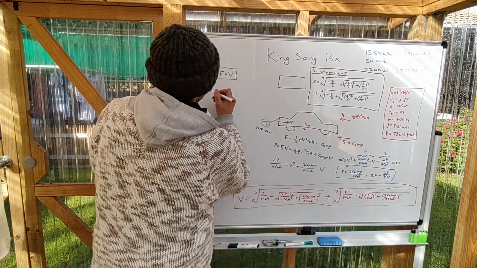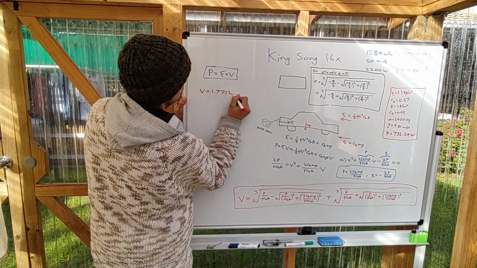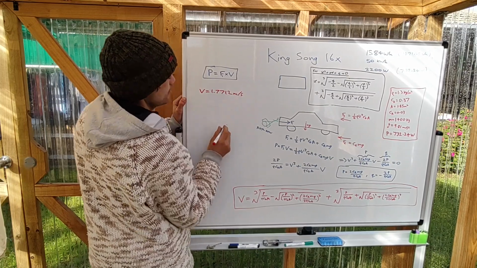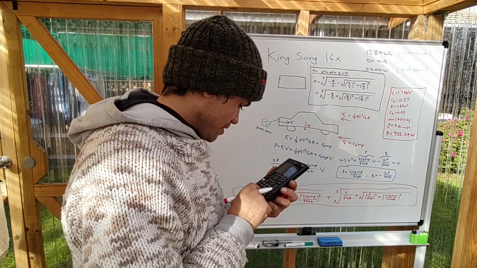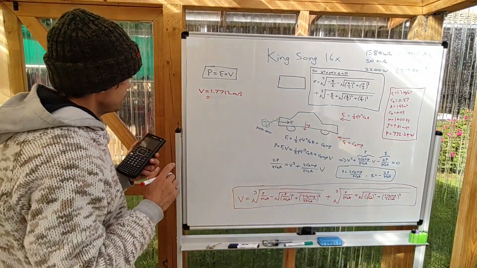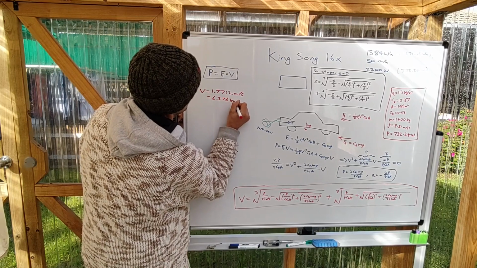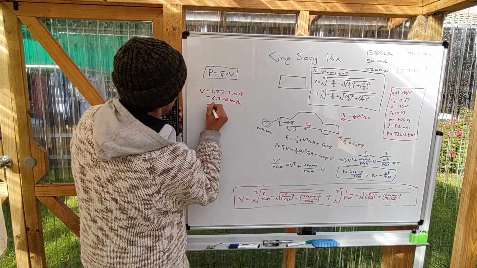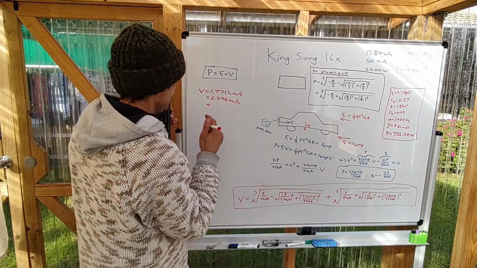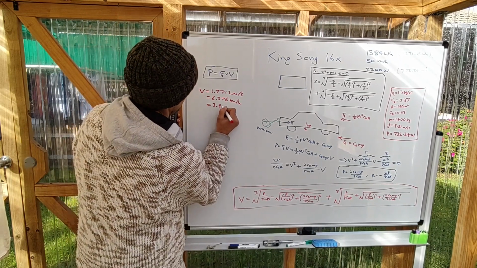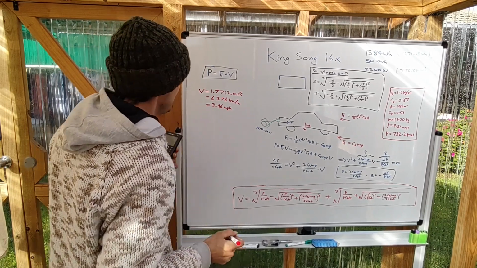I'll write it up here. V equals 1.7712 meters per second. In kilometers per hour, you just multiply it by 3.6. 6.376 kilometers per hour. And in miles per hour, 3.96 miles per hour.